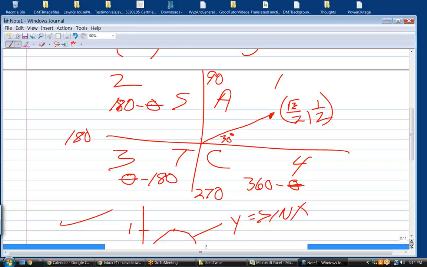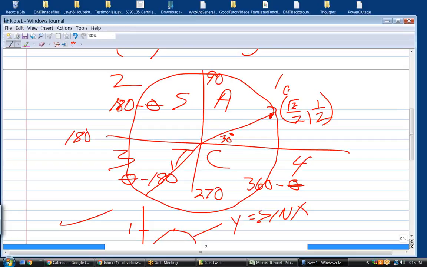So if you draw this unit circle, and it's called that because its radius is 1, no matter where you're at on the unit circle, the length of that is 1. And that's the only reason I can say that's the cosine of theta, comma, that's the sine of theta.